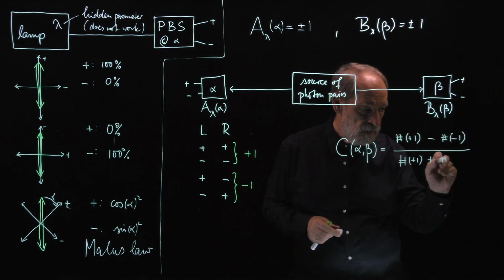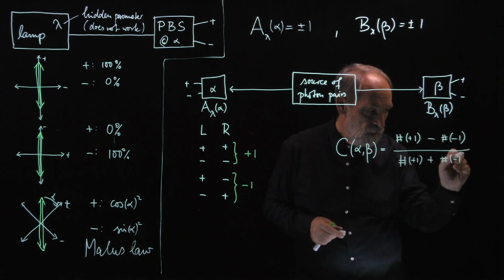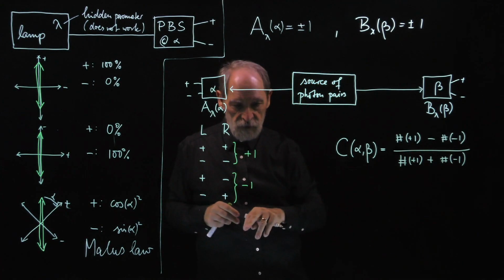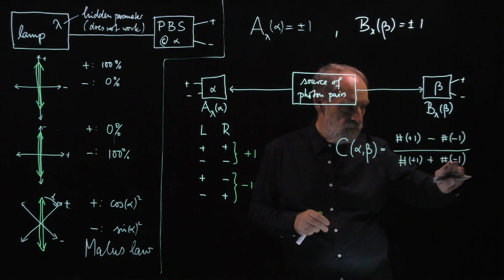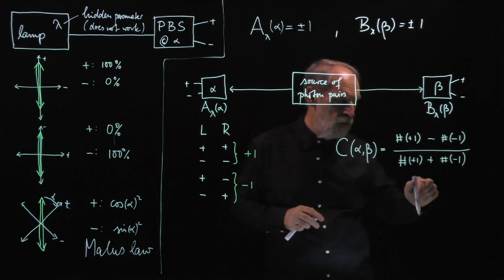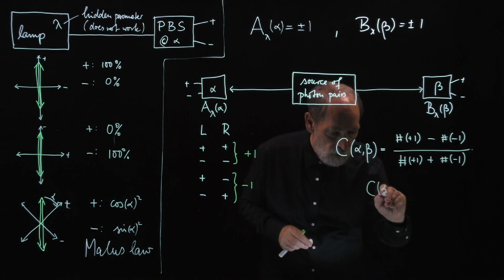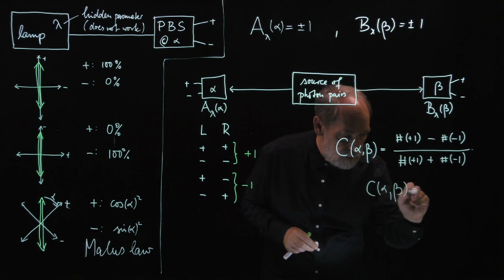So we divide by the sum for normalization, and that makes clear that if all of the events are positively correlated, so we don't have negative -1 counts at all, then this correlation function will be equal to +1.